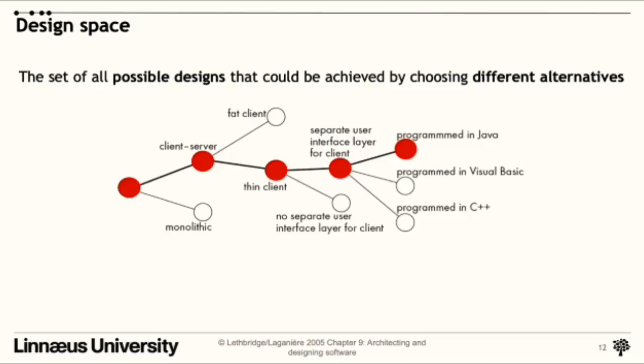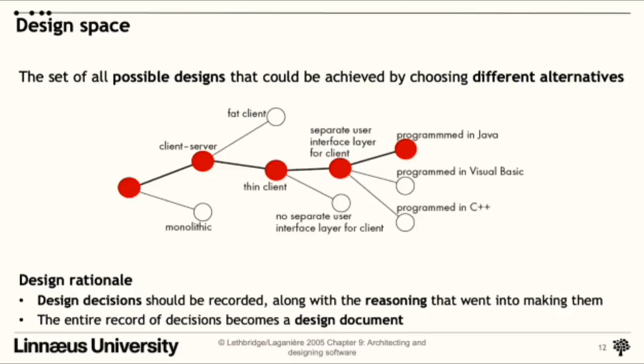We have a design space with all the possible different designs that we could choose, and then we make a path through this space. All these red dots represent a design decision that we as designers made during our journey. That's very important. All these decisions must be recorded, along with the reasoning that went into making them.